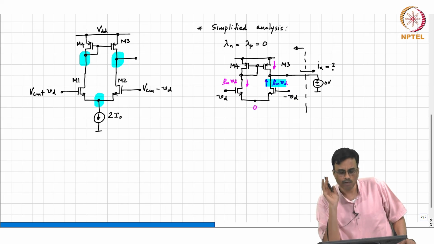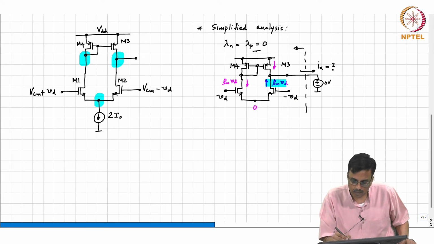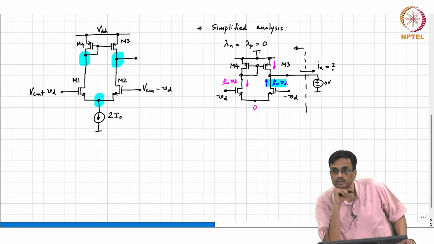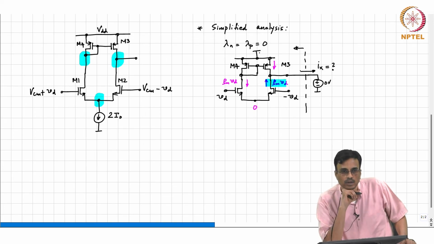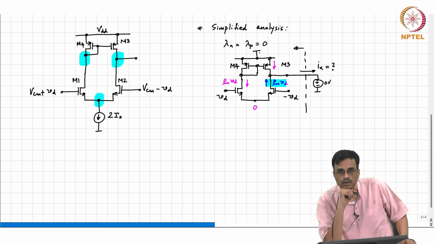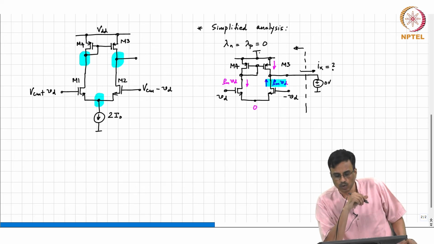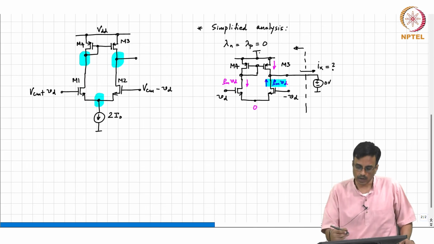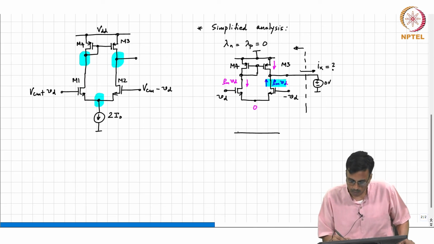How will we find the current through M3? What do you need to find the current of M3? The gate voltage. What is the gate? How will we find the gate voltage? Okay, so let us take a more careful look.